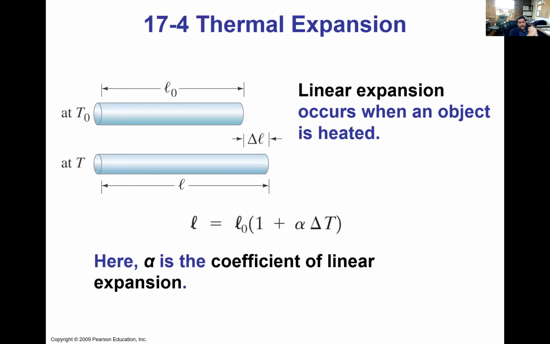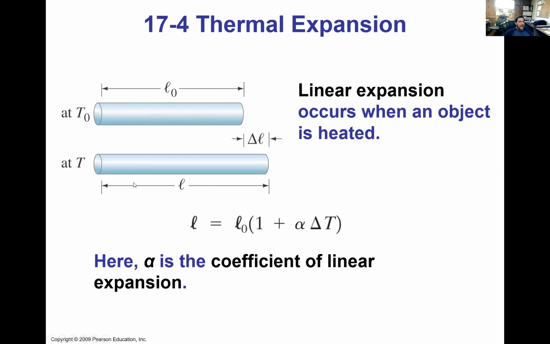Okay, this is the type of stuff that's important to an engineer. Linear thermal expansion occurs when an object is heated. So you have some object at a starting temperature. So its initial length is going to be L0. Its temperature initially is going to be T sub 0. Okay.